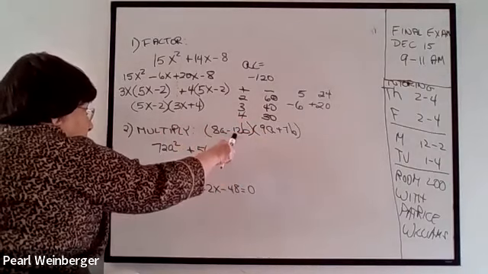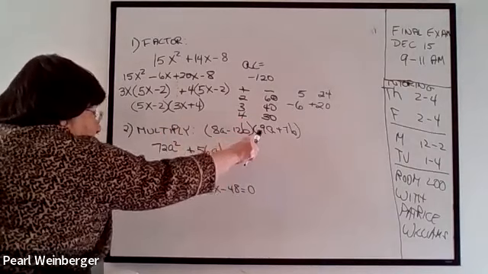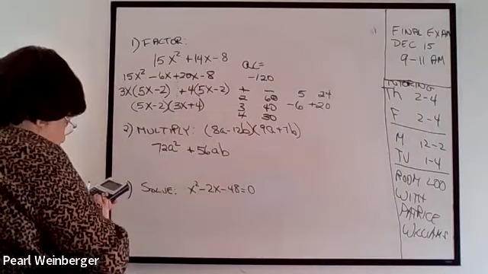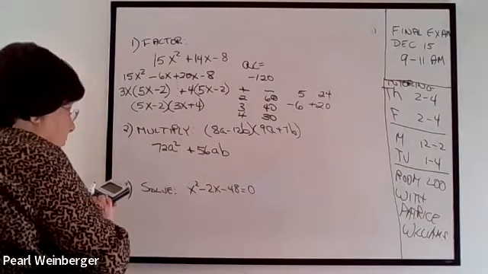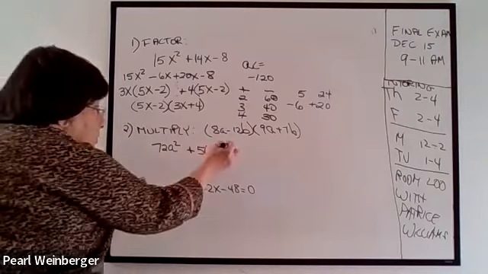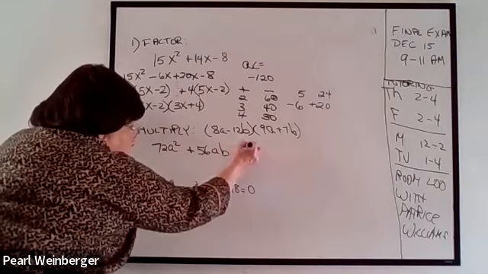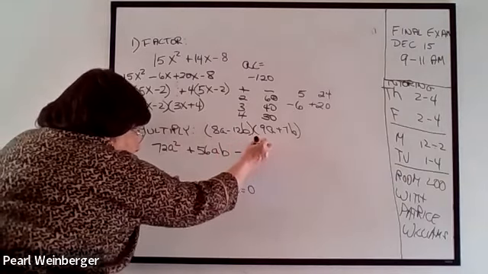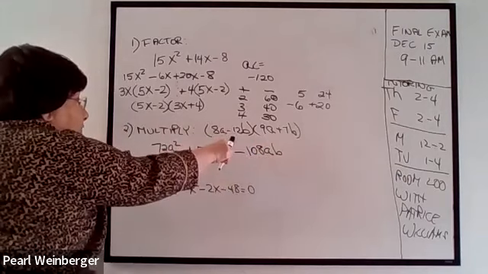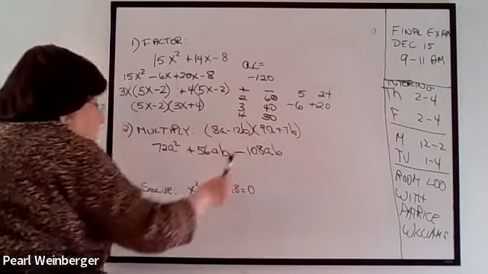Inner, negative 12b times 9a. So 12 times 9 is 108. So that becomes negative 108ab. And finally, negative 12b times 7b.